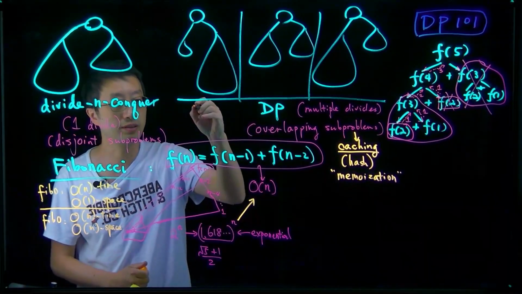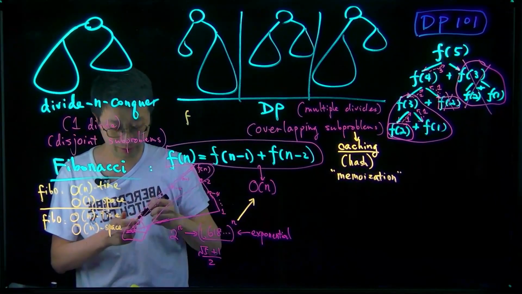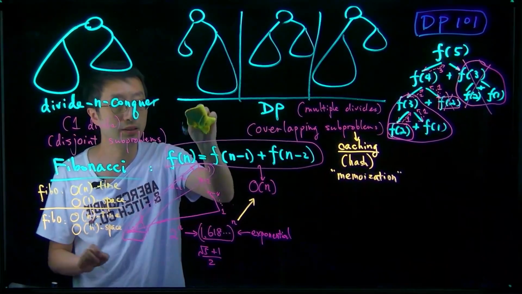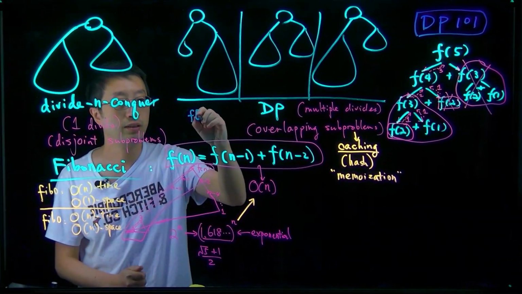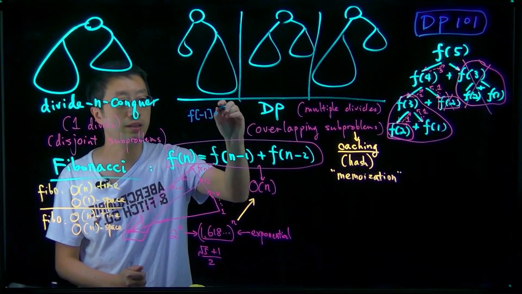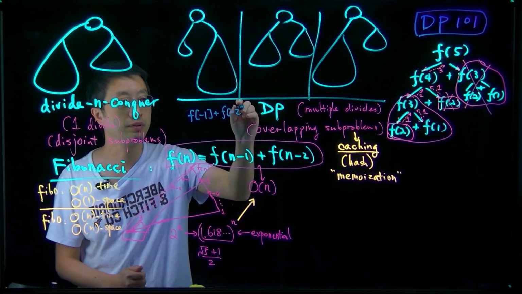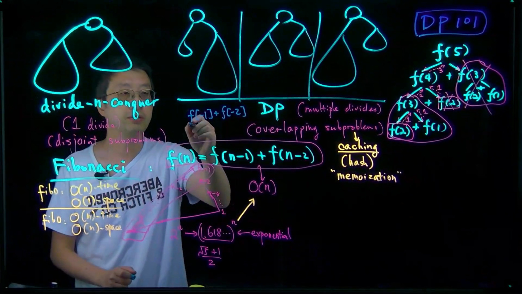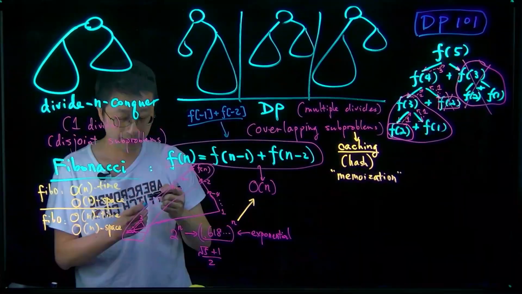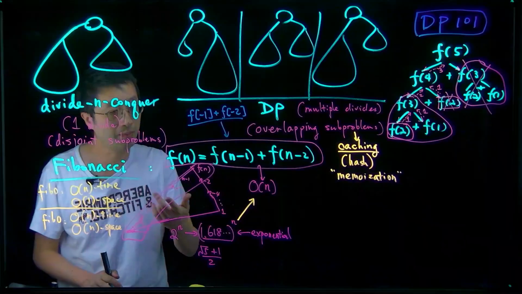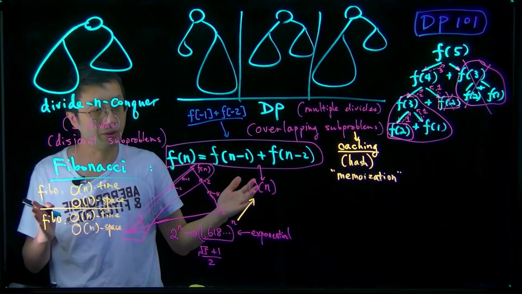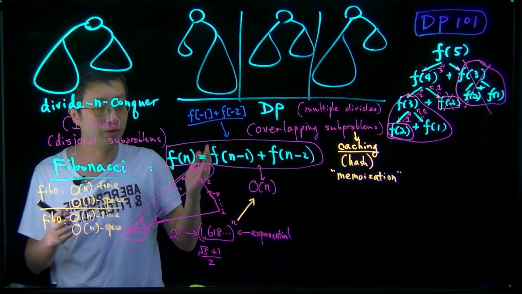So this is very cool. This corresponds to this. And that gives O(n) time, but also O(n) space, because you have to store all the numbers, F1, F2, all the way to Fn.